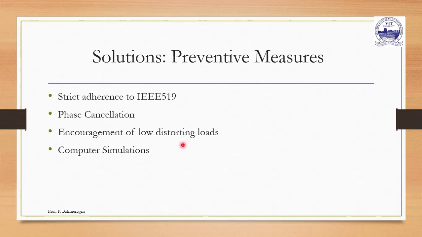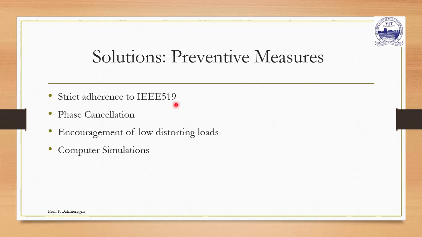The solutions are categorized under two categories. The first will be the preventive measures. Here it will be strict adherence to IEEE 519, phase cancellation, encouragement of low distorting loads and computer simulation. So how are we going to make it? Before designing a system itself, we have to plan the system accordingly so that the harmonics injected by the load into the system are within the limits specified by IEEE 519 recommendations.